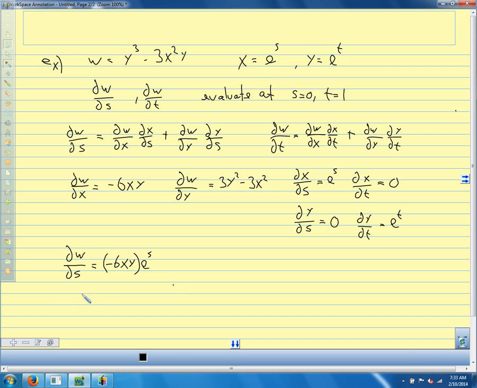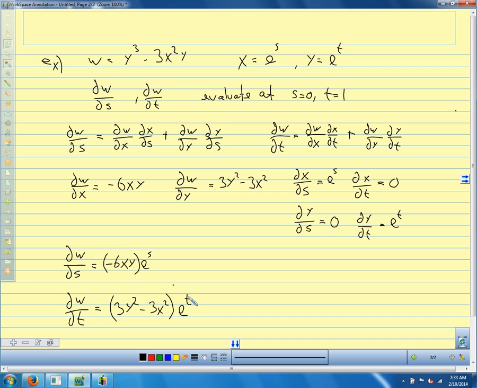And our partial of w with respect to t, I have dw dx times dx dt, 0, so that term falls out. And then the partial of w with respect to y times dy dt, so 3y squared minus 3x squared times e to the t.